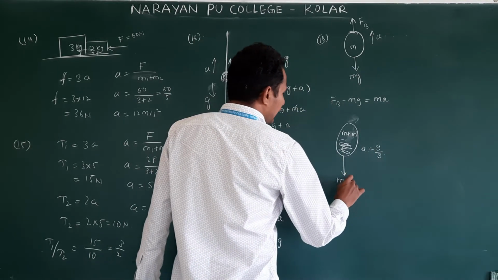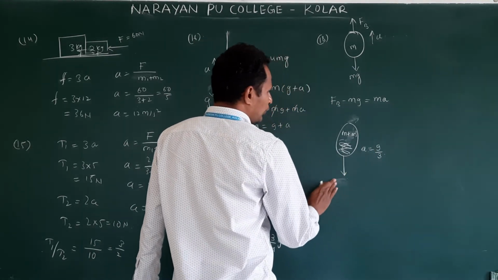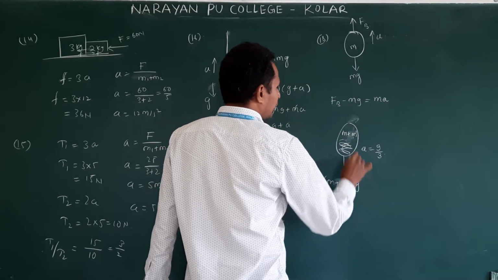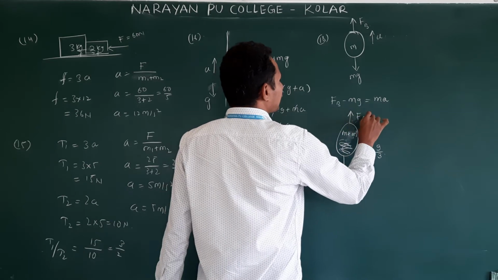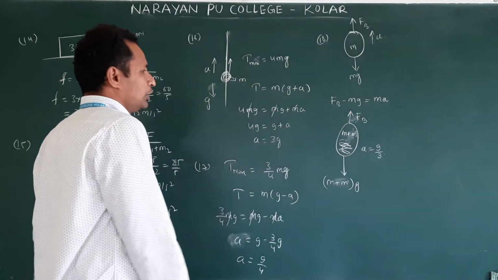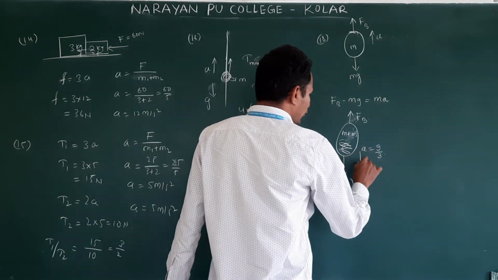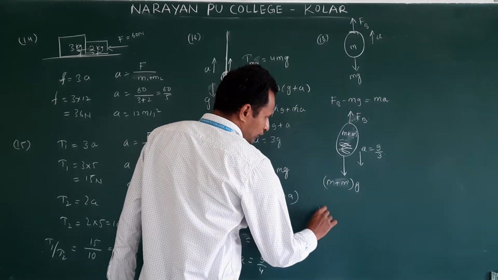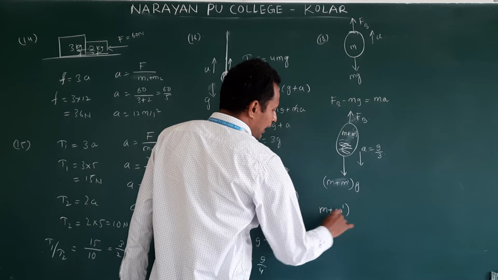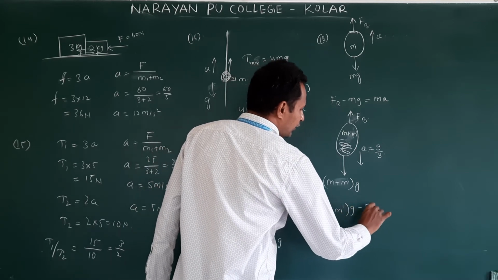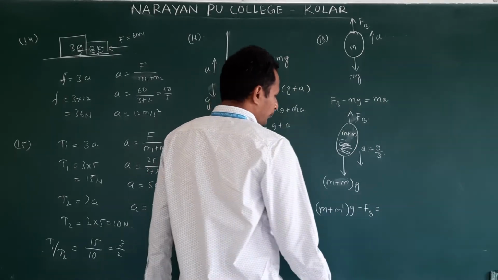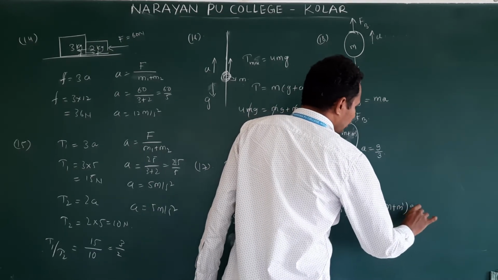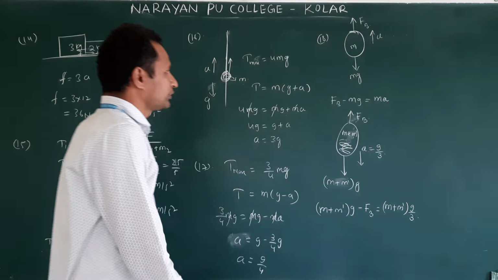So weight is acting downwards: m plus m dash into g. But buoyancy force is always upwards. Now it is accelerating downwards, so weight is dominating. So the equation is m plus m dash g minus Fb is equal to m plus m dash into g by 3.